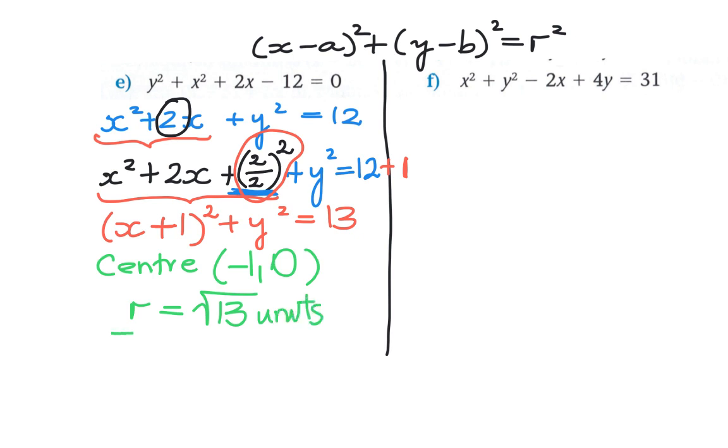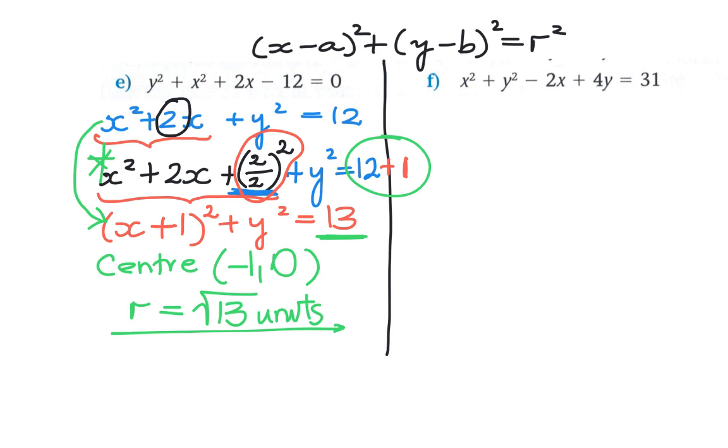You can write units, you don't have to. Okay, so you either show this step or you go from this step directly to this one, showing how you got to the 13. So you have to say 12 plus 1.